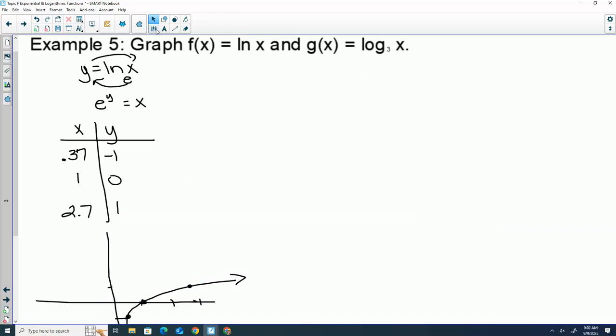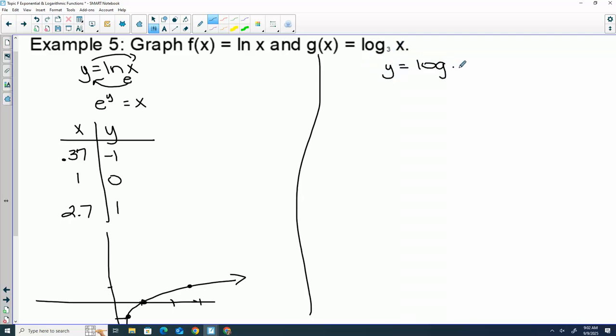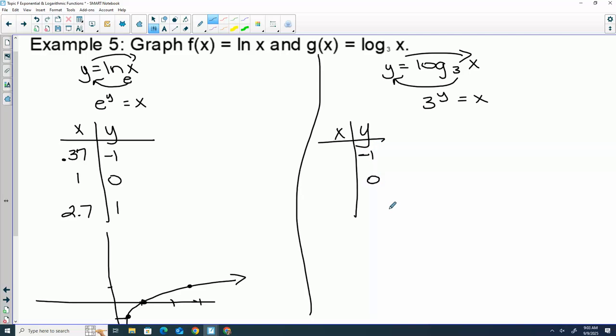Let's do log base 3. So that's saying y equals log base 3 of x. So 3 to the y power equals x. T-chart, y is the exponent, so that's your -1, 0, and 1.